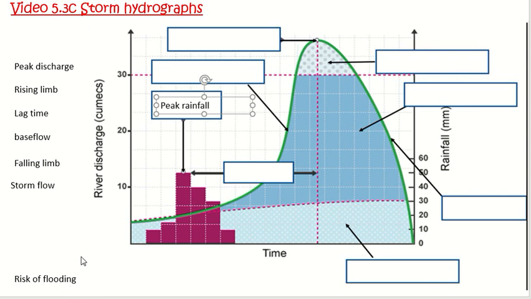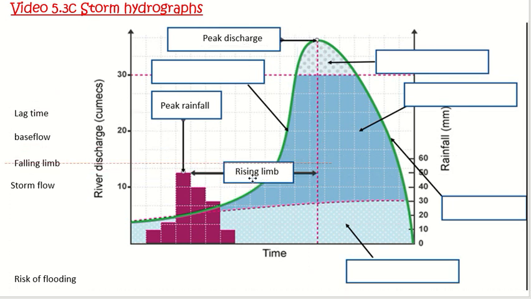That's the first thing. So, where is the discharge the highest? If we look at the line graph and use this axis, peak discharge is this point here. When the river responds and the discharge starts to increase and rise, we call that the rising limb.